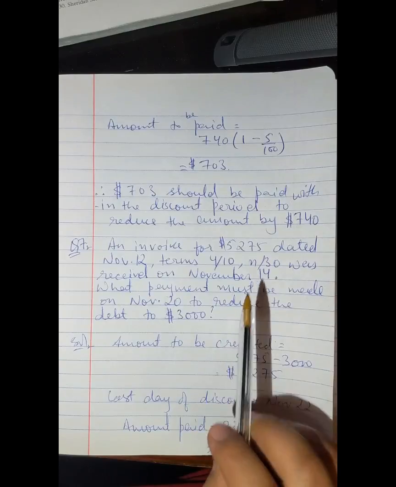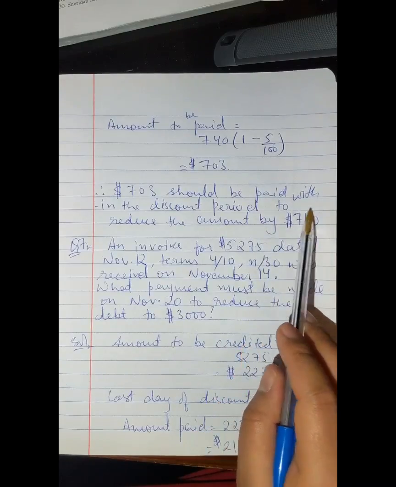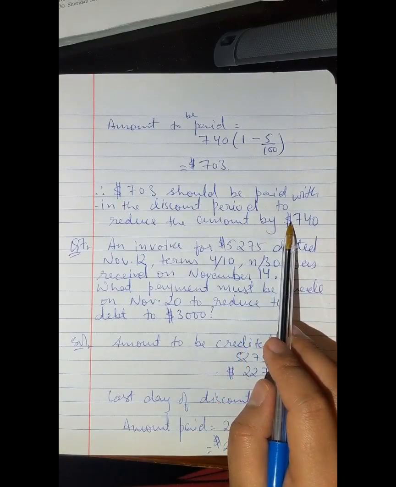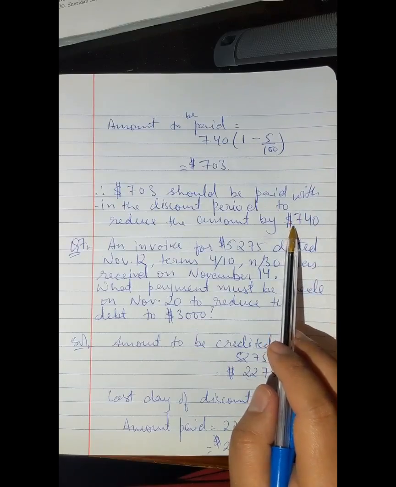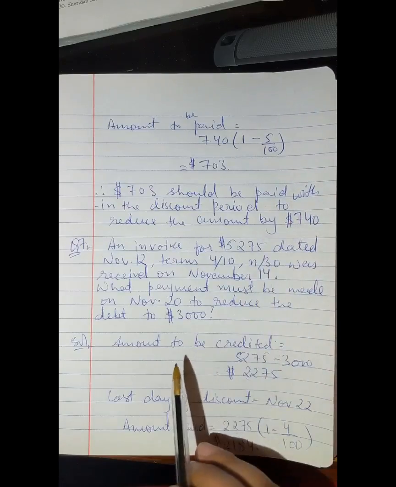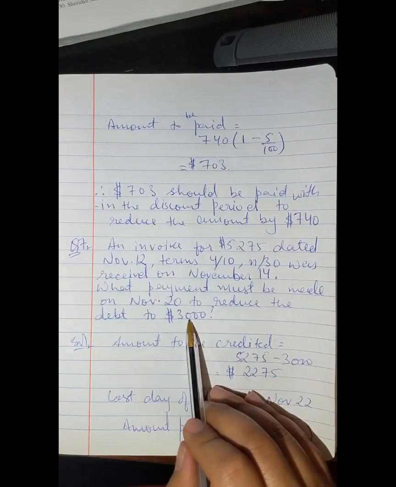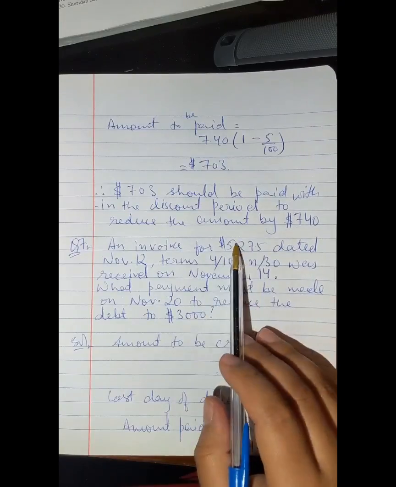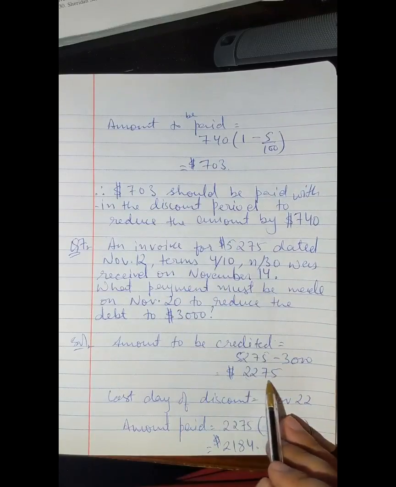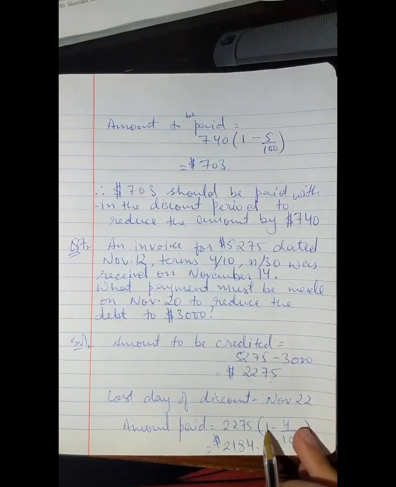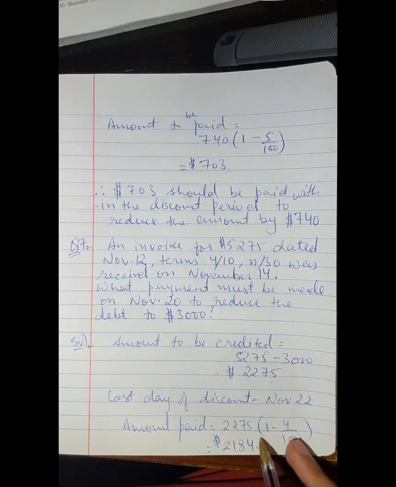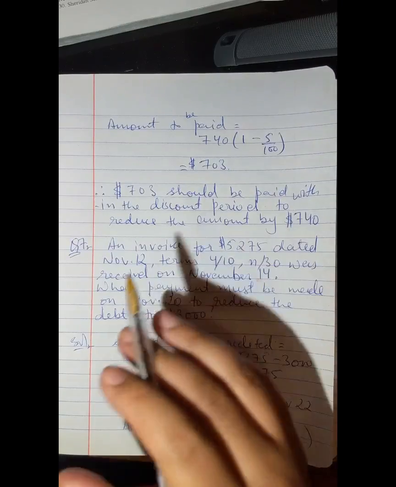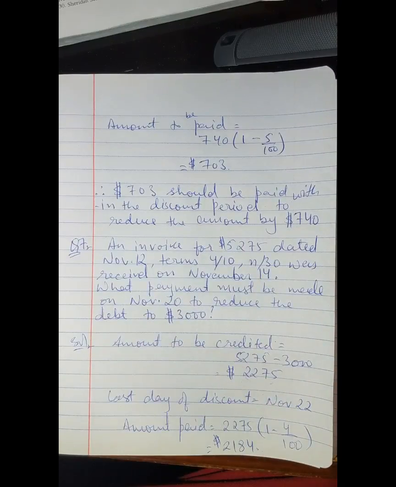So be very careful. If it says reduce by, then just take that amount and apply the discount if the payment is within the discount date. If it says reduce to $3,000, that means we need to pay the difference. If I pay this amount within the discount period, I will get a 4% discount. This is the actual amount we need to pay, and we call it partial payment.